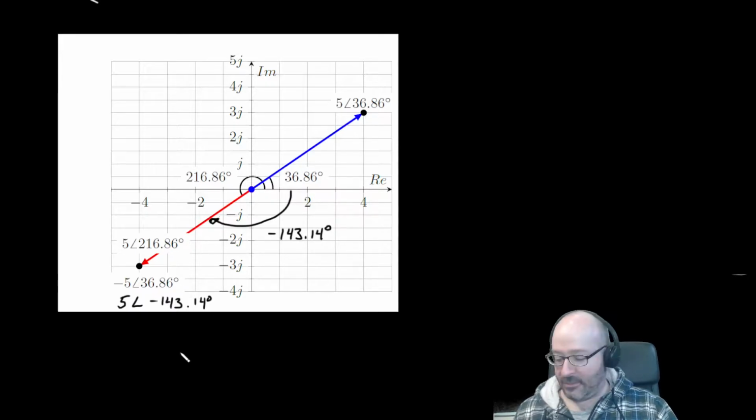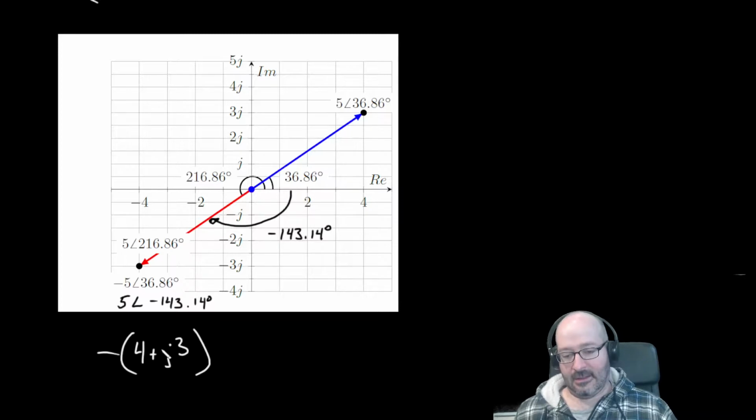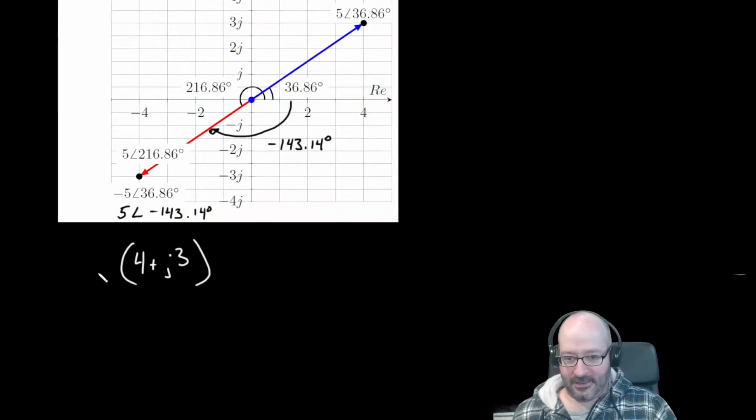Now, if you're going to do this in rectangular form, you might recognize that point as being from our 3, 4, 5 triangle. So you might say, hey, this is really 4 plus J3. And if I want to negate that, another really big negative sign, it's just as simple as distributing that negative sign and saying that's equal to -4 minus J3.